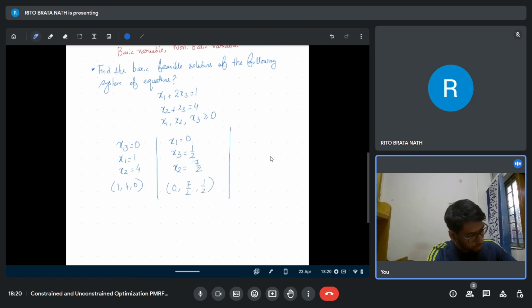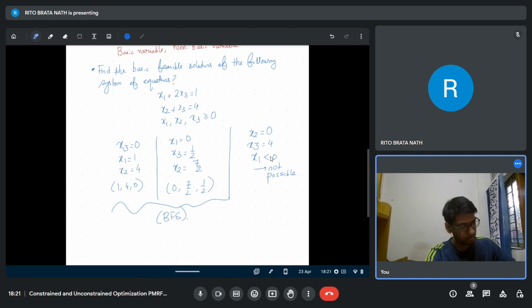Now suppose we set x2 as 0. Then what do you have? x3 as 4, but x1 is less than 0, so this is not possible. So these two are the BFS here, right? These are the kind of concepts that you learned in week one.